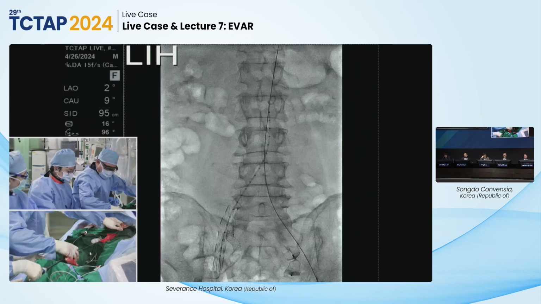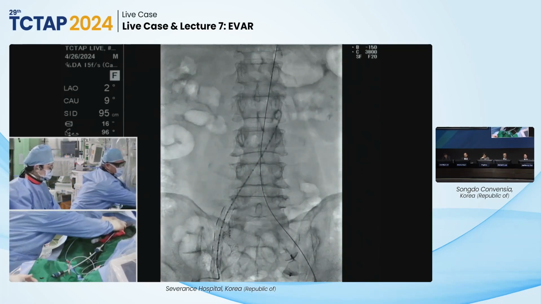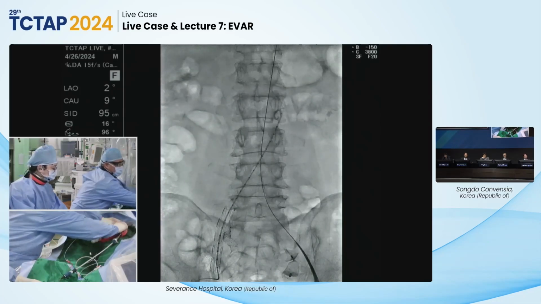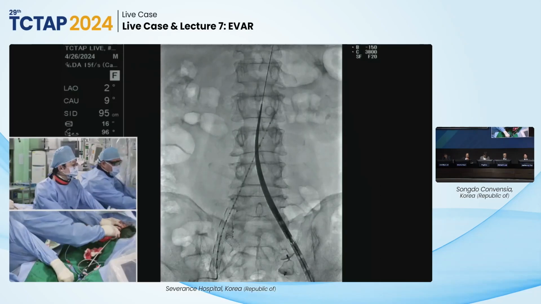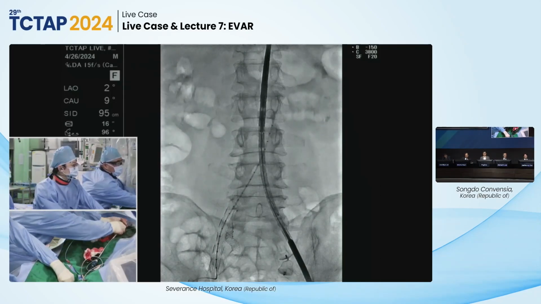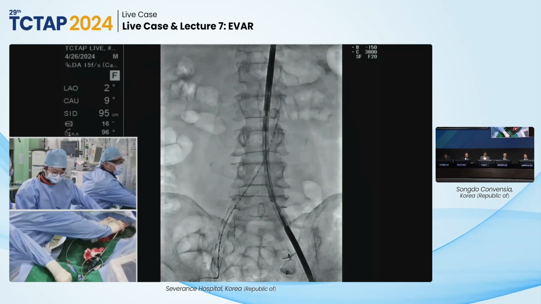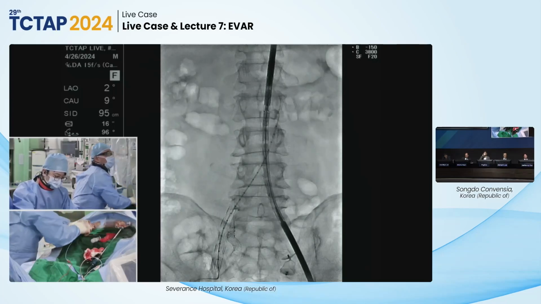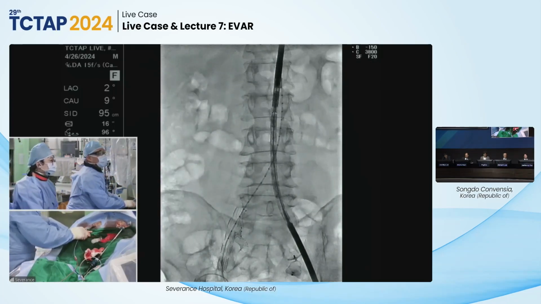But unfortunately, in Korea, we have only the old version. So this is the main body. Okay, so we'll take a picture. I can bring the picture a bit higher up.